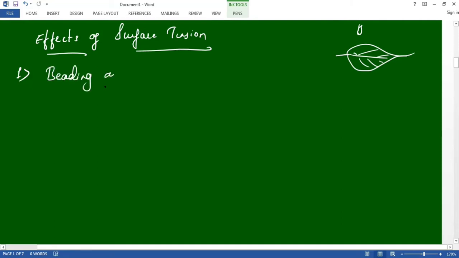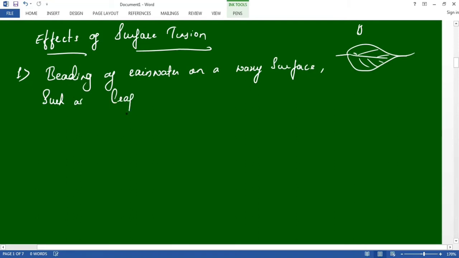Beading of rainwater on a waxy surface such as a leaf. Leaves have a waxy surface, right?